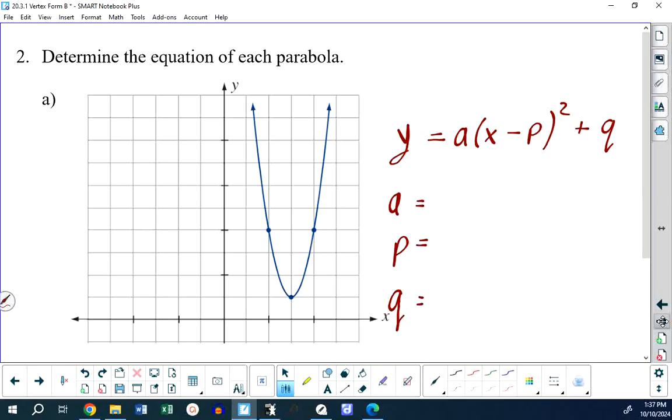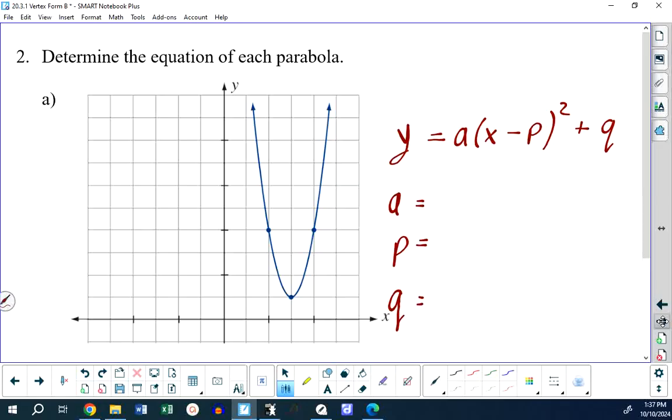This is why I stressed yesterday, these numbers define the graph. If you know these 3 numbers, if you know, for example, that P is 3, that Q is 1, and that A happens to be 3, then you would just put those numbers in and you'd be done. We, in fact, know 2 of those 3 parameters right now.